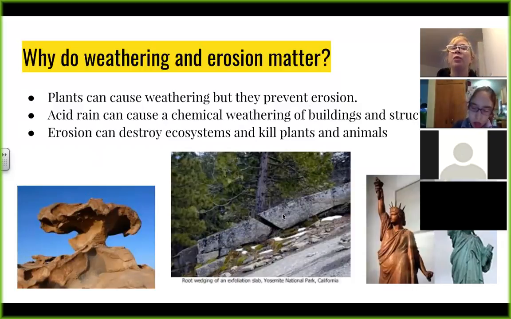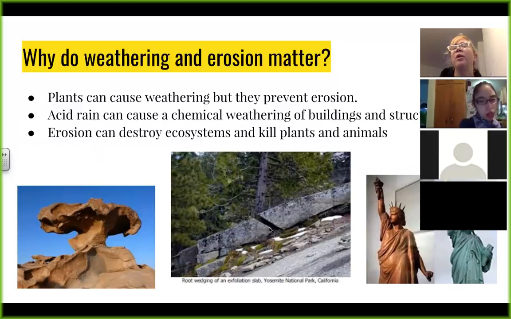But plant roots are in the ground. They're actually holding on to soil. So plants actually prevent soil and rock and dirt from moving away, right? They might break the rock up, but they don't let the rock move.